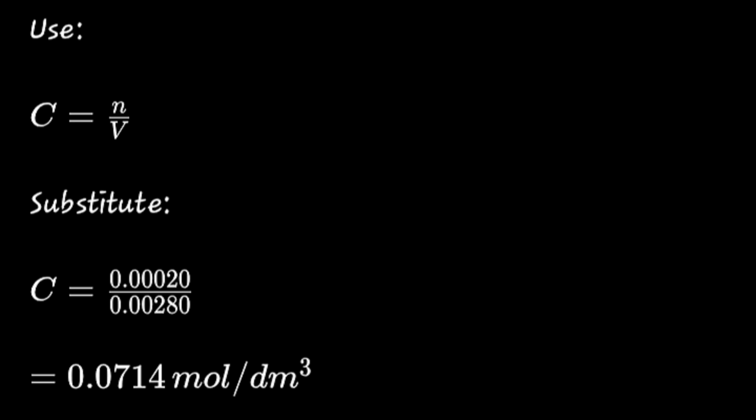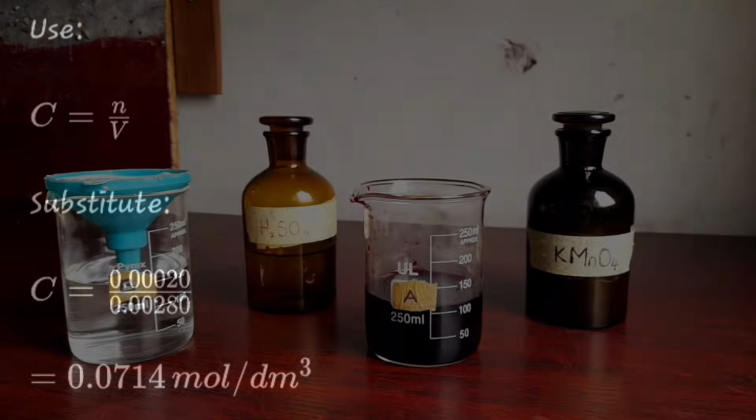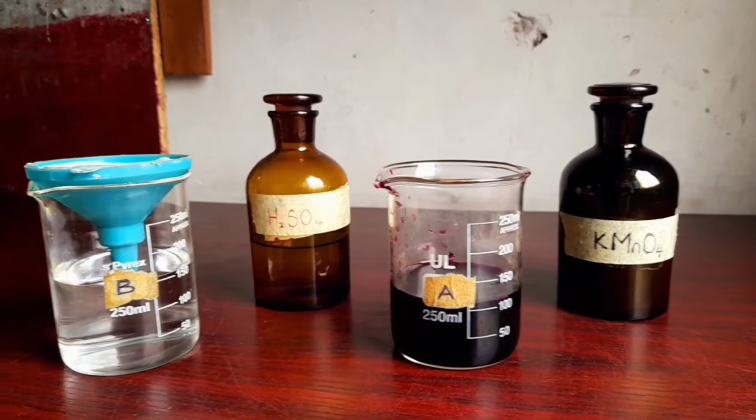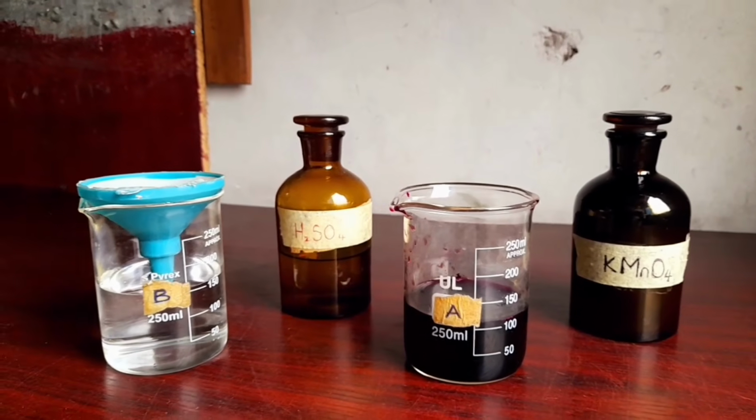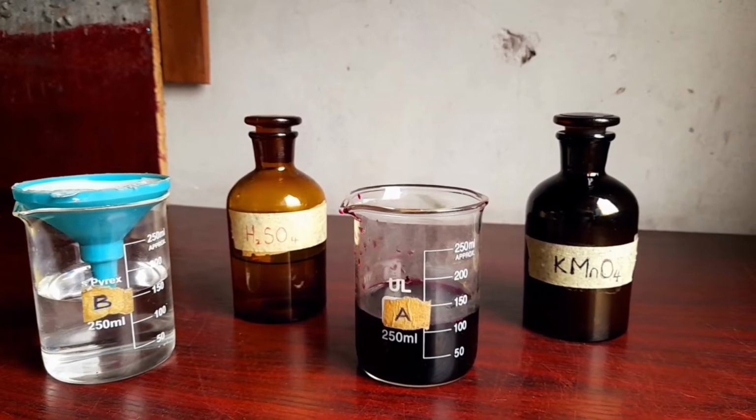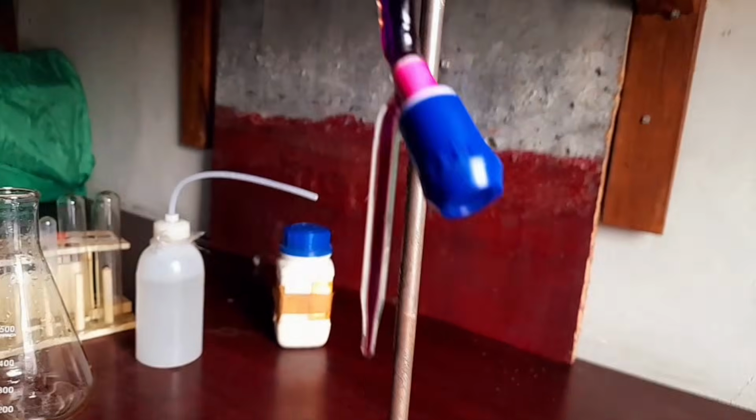So you will be asked a question like that. You finish practicals and the question will give you the concentration of the oxalic acid, and you'll be asked to find the concentration of the potassium permanganate, which you will calculate using the formula n equals CV or C equals n over V. But if you don't have the number of moles, you have to find that first, and remember to convert things to dm³.